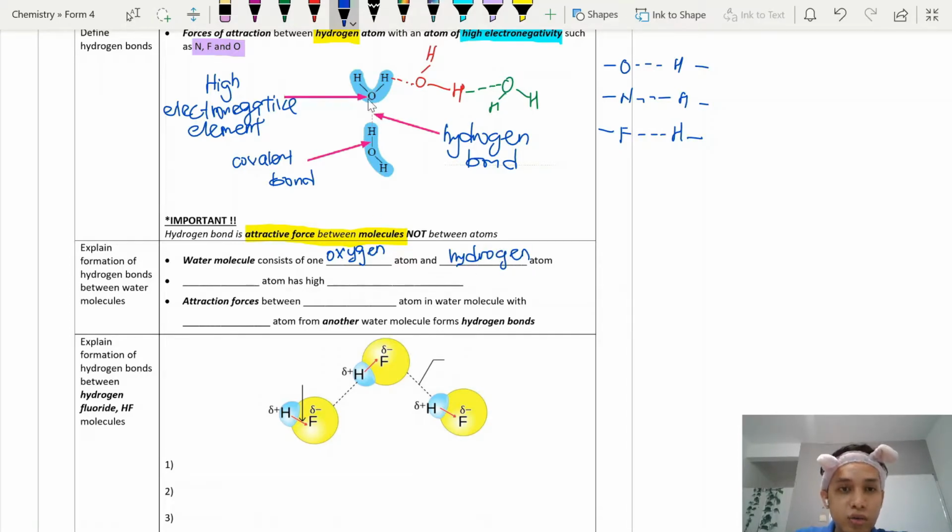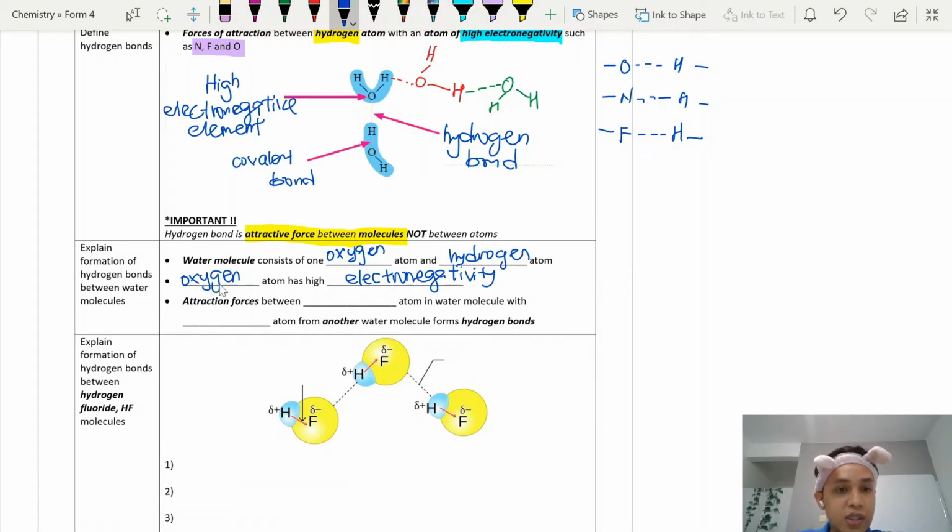Over here, the oxygen. Here we need to mention which element is the highly electronegative element. Oxygen atom has high electronegativity.